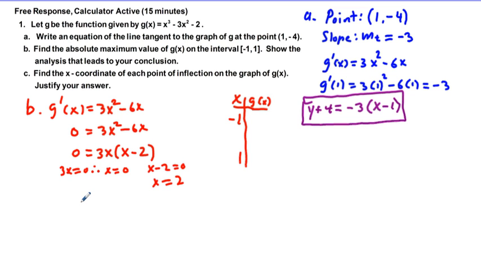And so, let's see here. We can do a number line to find our analysis here. We have 0 and 2. But are we really worried about 2? No, we're not, because 2 is outside the interval we are evaluating. We're interested in just 0.